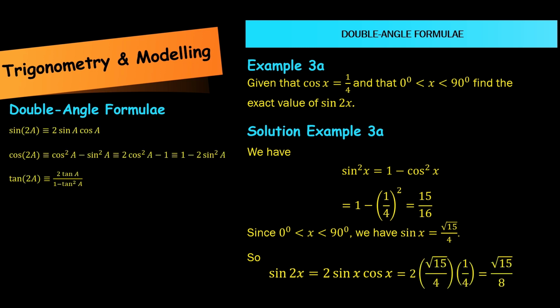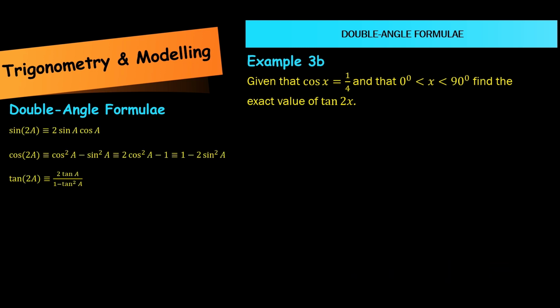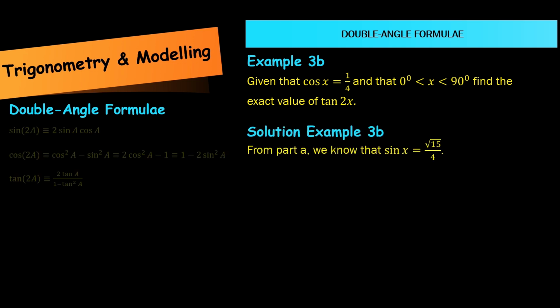Now let's take a look at part B. Given that cos x equals 1 over 4 and that x is between 0 degrees and 90 degrees, find the exact value of tan 2x. So let's solve this. Now from part A we know that sin x equals root 15 over 4.